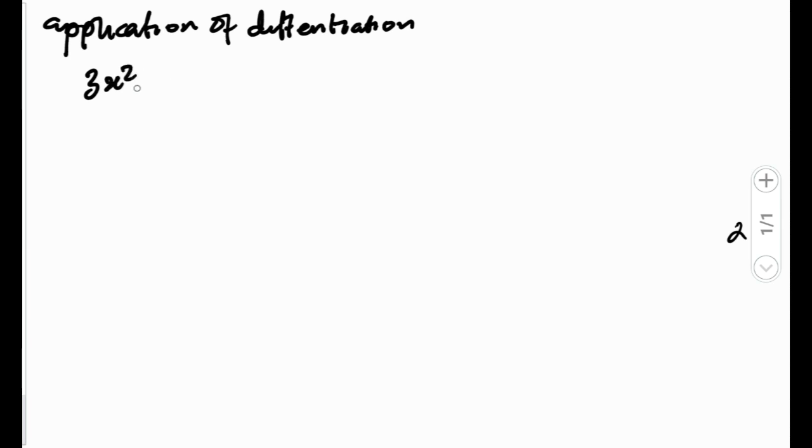For example, if I have 3x squared plus 7x minus 4 plus 1 out of x, let the whole of this be equal to y.